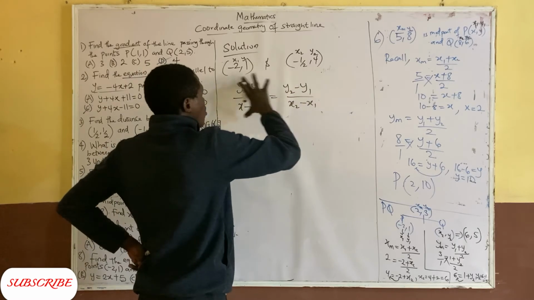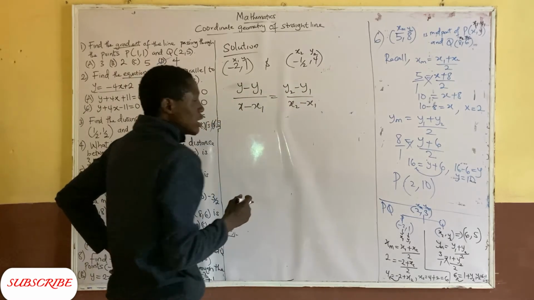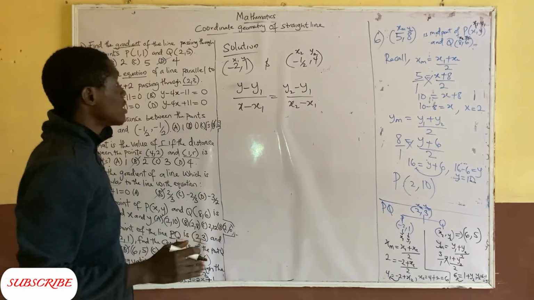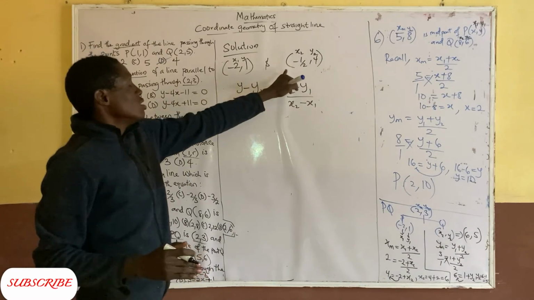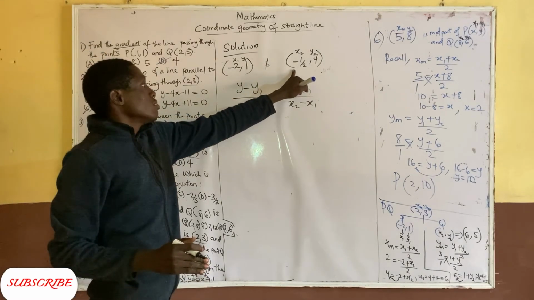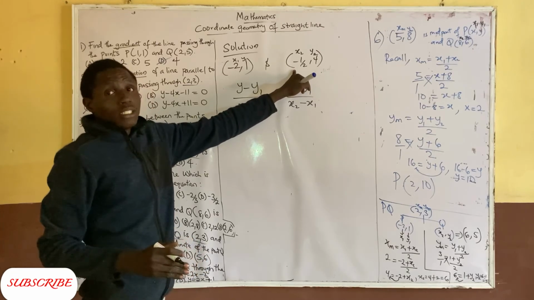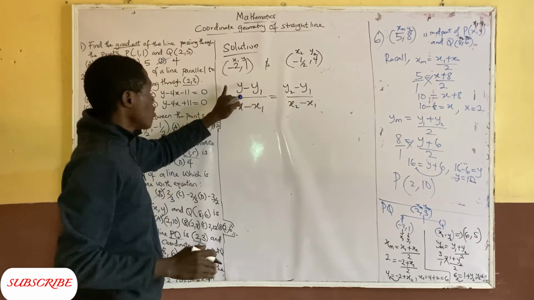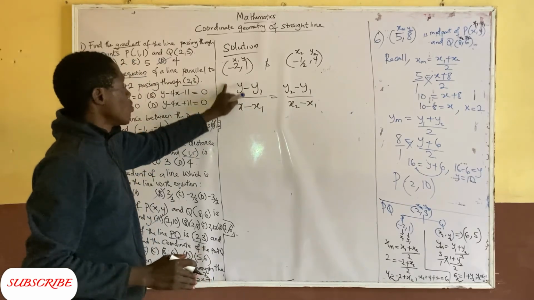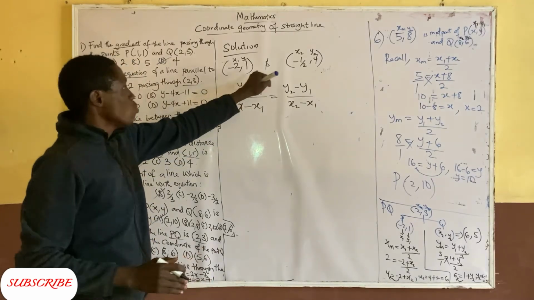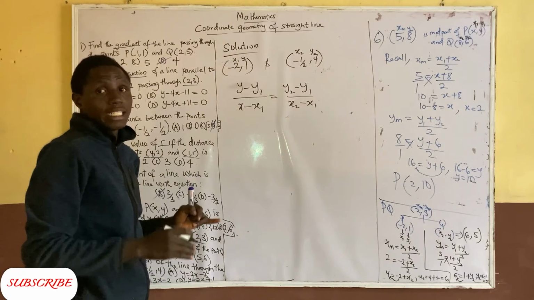This is the formula for obtaining the equation of a straight line, provided that two points on the line are given.